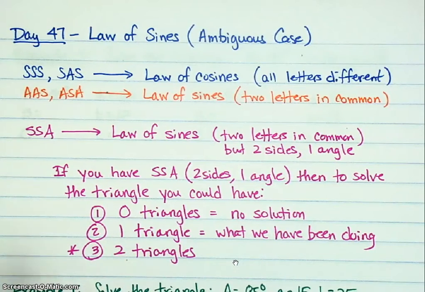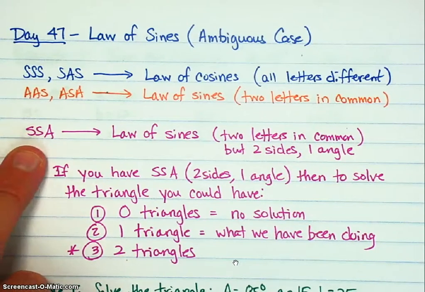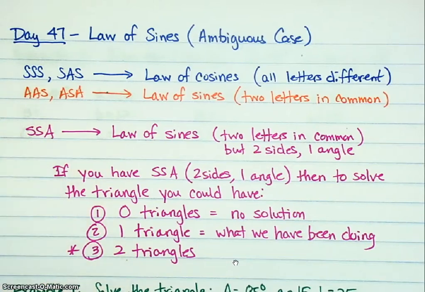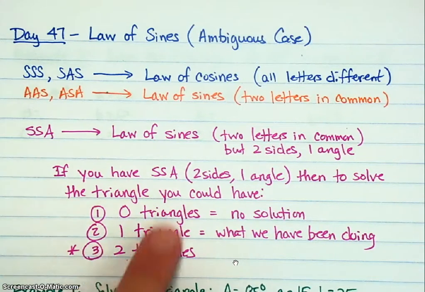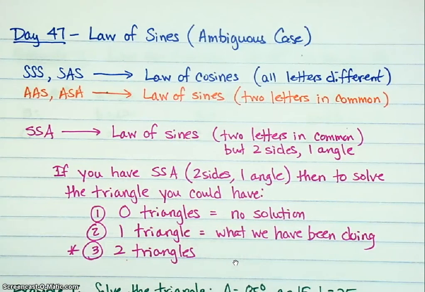And so what happens is when we have two sides and an angle as the given information, and two of the letters are in common, which means we cannot use the law of cosines, we have to use the law of sines, then this is what's going to happen. We're going to have to check for 0, 1, or 2 triangles. And so I'm going to give you an example of each one of those and show you how it works.